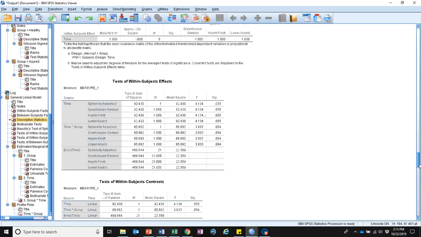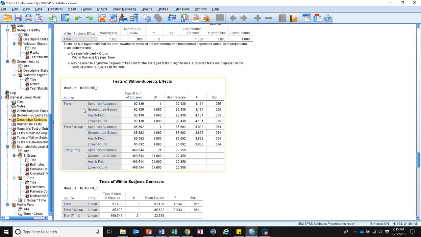And if you look down here at the analysis, this is the within subject effect, the main effect for time, sphericity assumed, and then with all the corrections, all the values are identical. So, because this is a dot, and these are all 1, we get to assume sphericity.